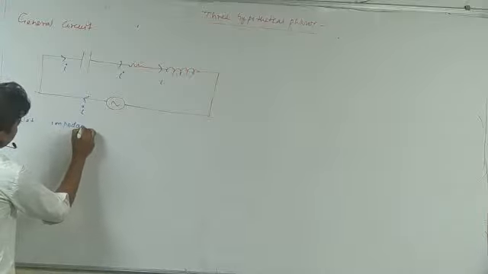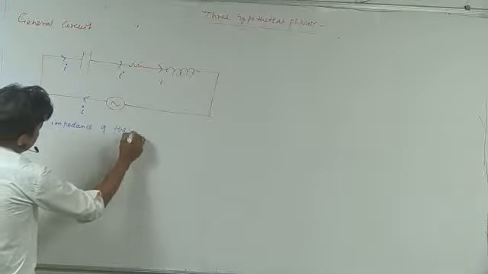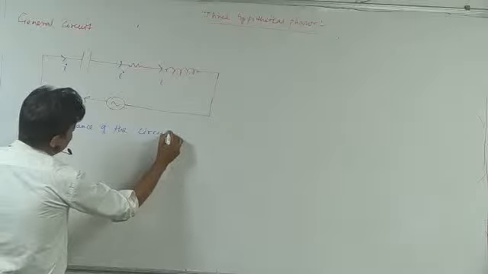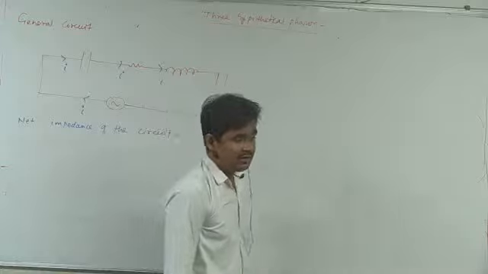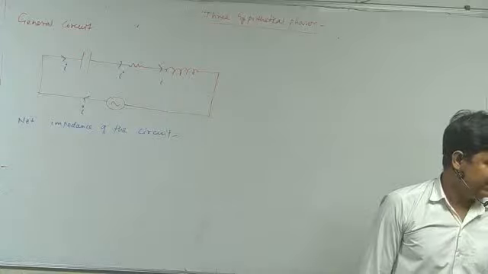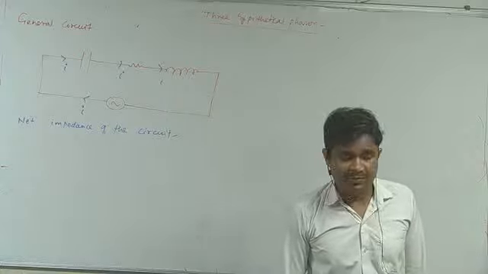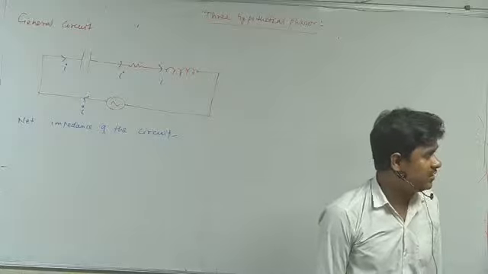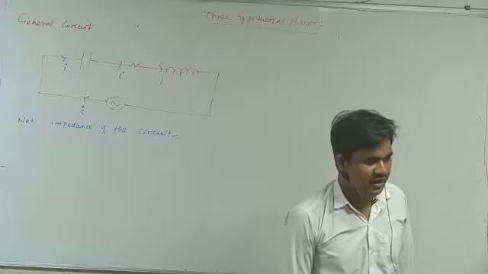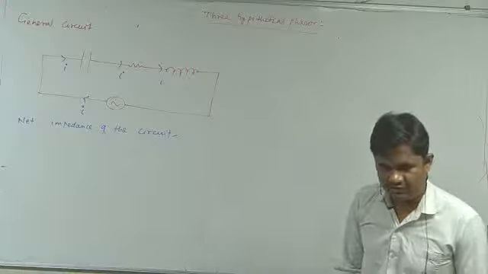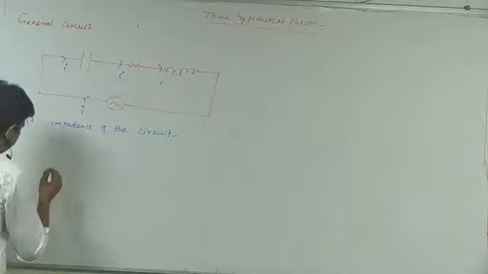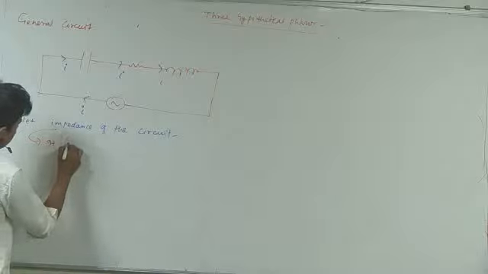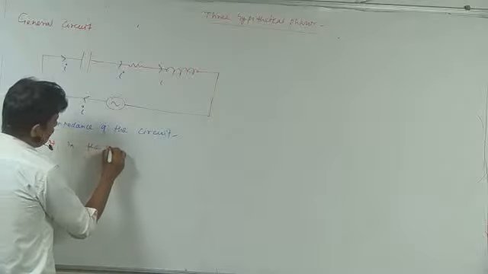Net impedance of the circuit. So what is impedance? It is the total resistance offered by the resistor, capacitor and inductor of the circuit in the flow of current.